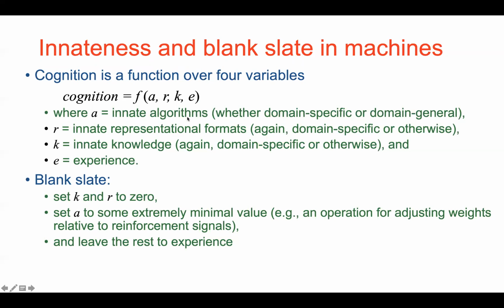So there are certain algorithms that are innate in the genome. These are not learned, innate algorithms, whether domain specific or domain general. R is innate representation formats. So there are some algorithms and there are representations of those, innate representation formats. K is innate knowledge, again, domain specific or otherwise.